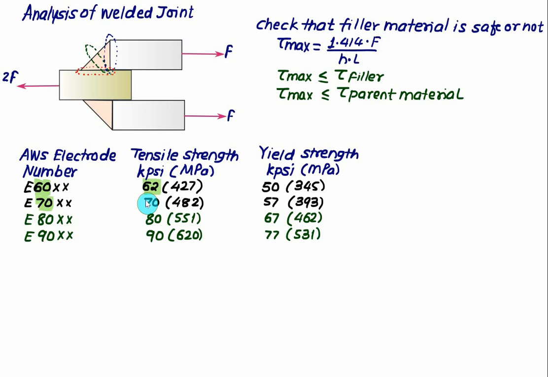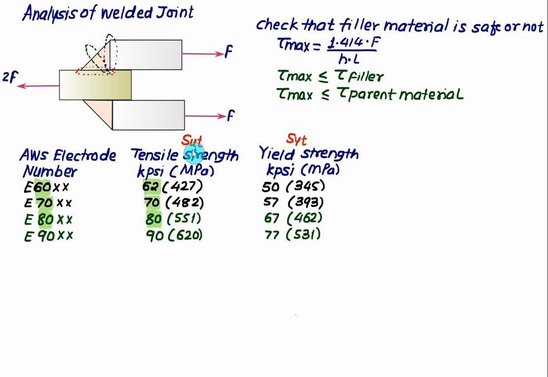It means that we have a tensile strength equal to 70. This number is 80. It means that we have a tensile strength of 80 kilo pound per square inch. And the third column gives you the value of the yield strength. So this column represents the ultimate strength, that is the value of SUT, and this column represents the value of SYT, that is the yield strength in tension.